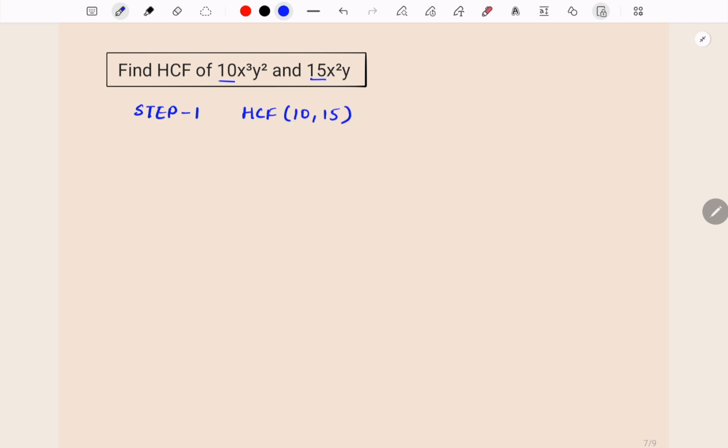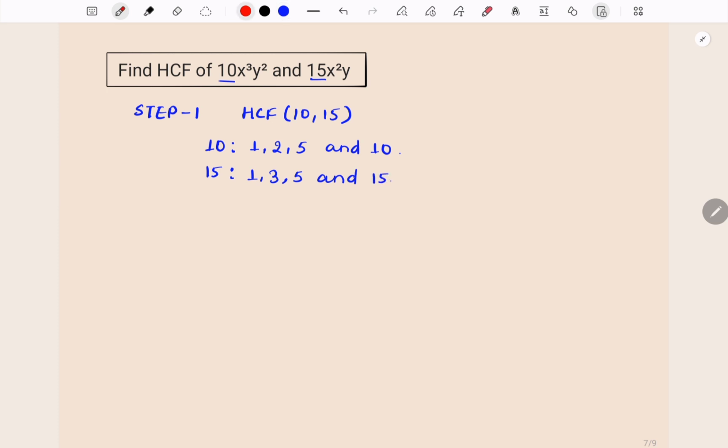First, let me write the factors of 10. The factors of 10 are 1, 2, 5, and 10. Right? Now let's write the factors of 15. Factors of 15 are 1, 3, 5, and 15.